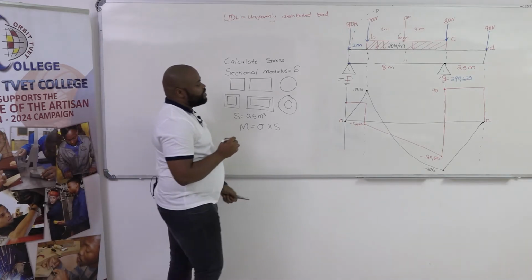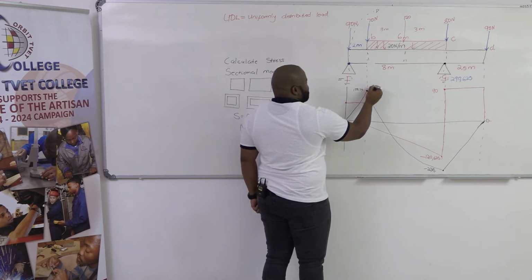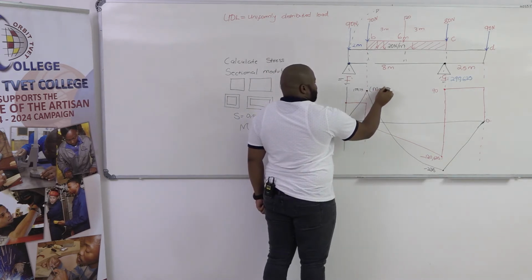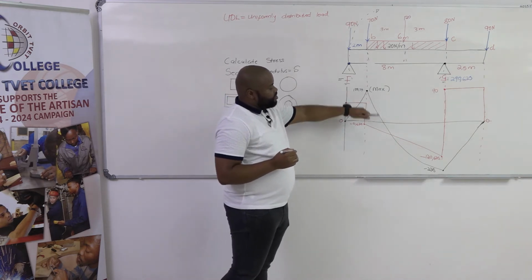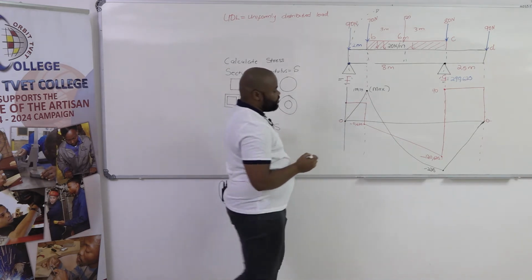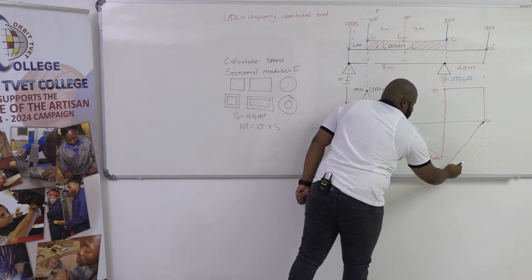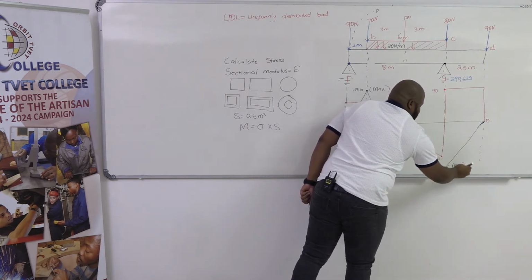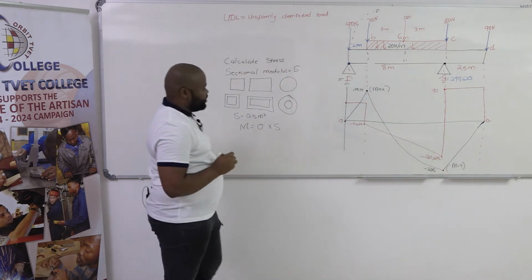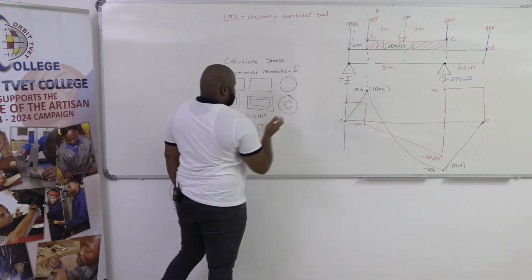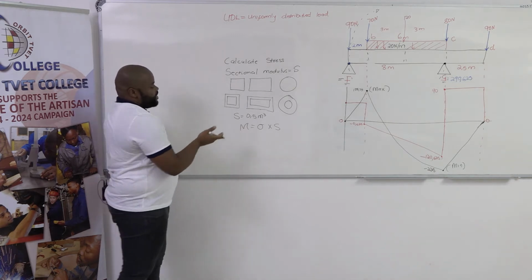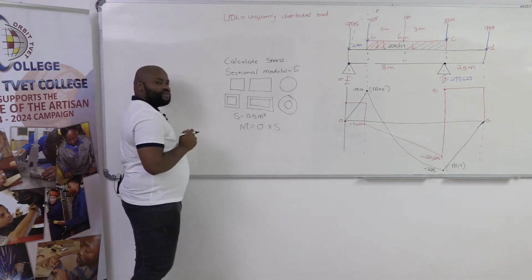Our maximum bending moment is represented on our graph. The top part of our graph represents maximum bending moment, and the bottom part represents the minimum bending moment.